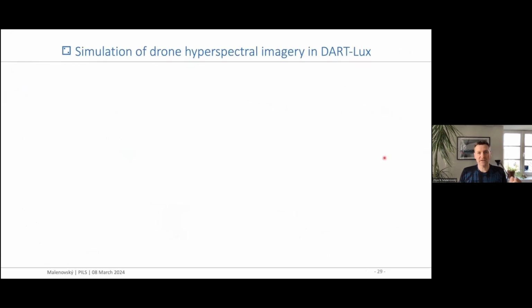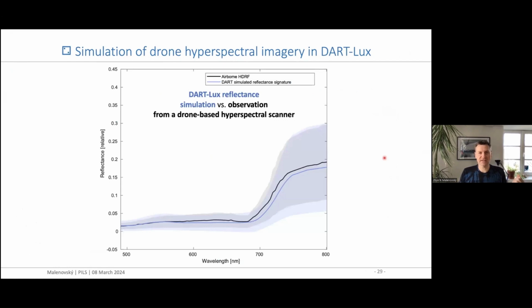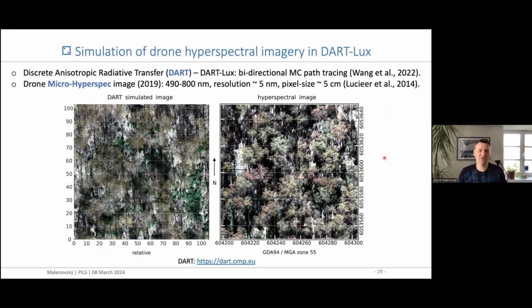Now, finally, we are getting to the results, where this first slide shows the actual simulation on the left-hand side and the actual acquisition of the top of canopy on the right-hand side. You see that we have a certain structural resemblance. The difference is only in color because the trees in the DART simulations had the same optical properties, all the trees the same, therefore they are not differentiated in the RGB composition.